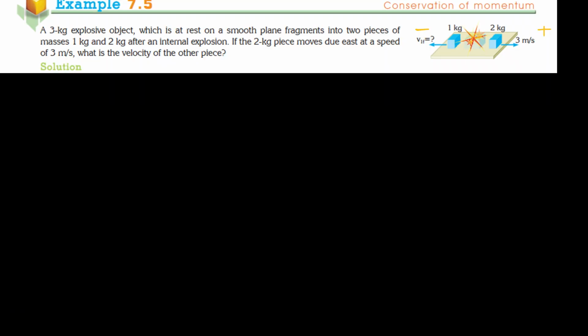A 3 kilogram explosive object which is at rest on a smooth plane fragments into two pieces of mass 1 kilogram and 2 kilogram. After an internal explosion, if the 2 kilogram piece moves due east at a speed of 3 meters per second, what is the velocity of the other piece? So here you see the object initially was at rest.